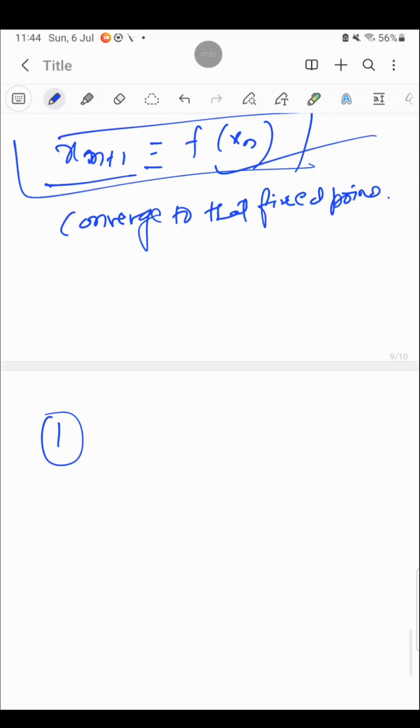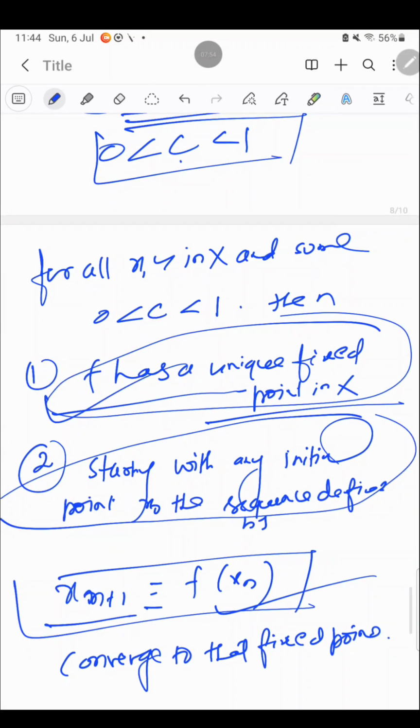Now we will take some examples and applications. An application of the Banach contraction theorem is used to prove the existence and uniqueness of solution for ordinary differential equations. This is useful because, as you can see in the result, f has a unique fixed point.